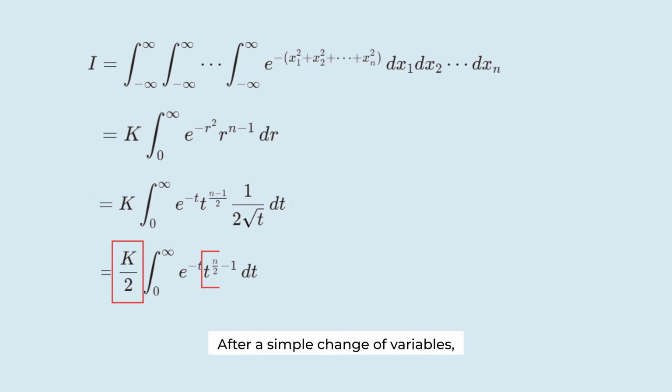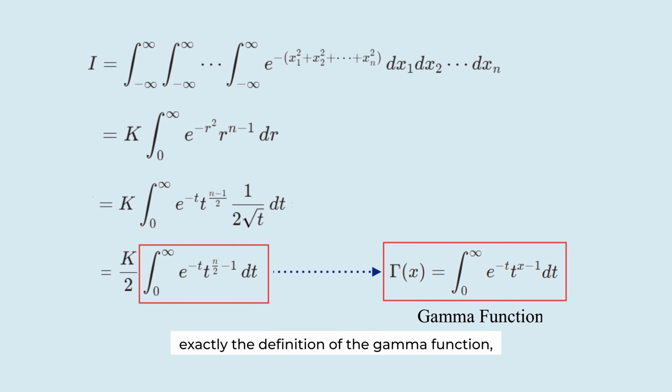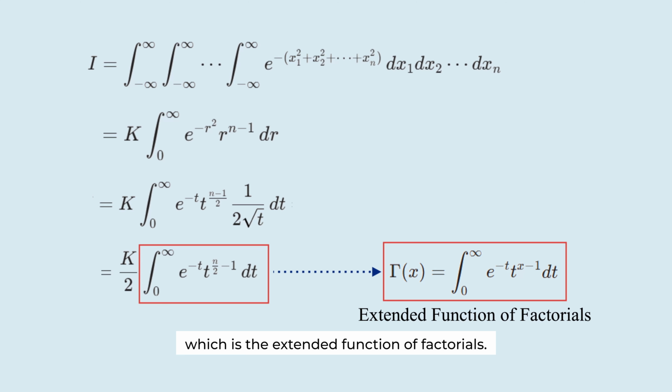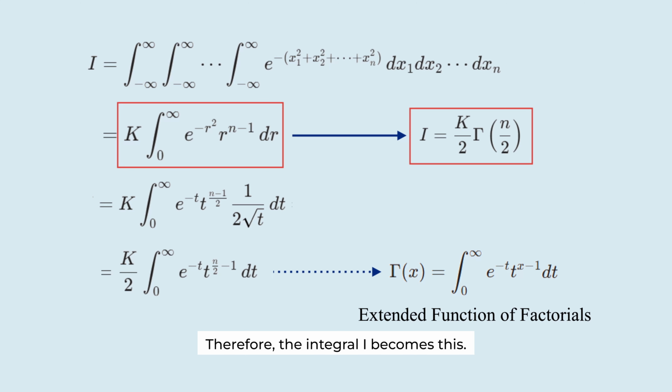After a simple change of variables, the remaining integral matches exactly the definition of the gamma function, which is the extended function of factorials. Therefore, the integral I becomes this.